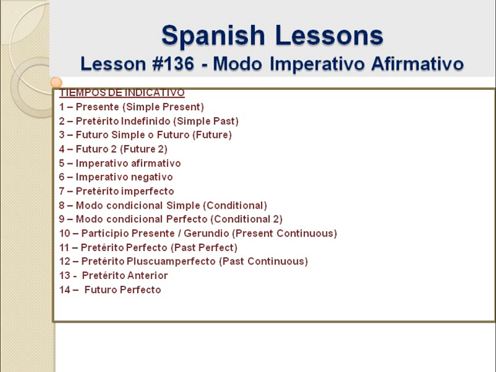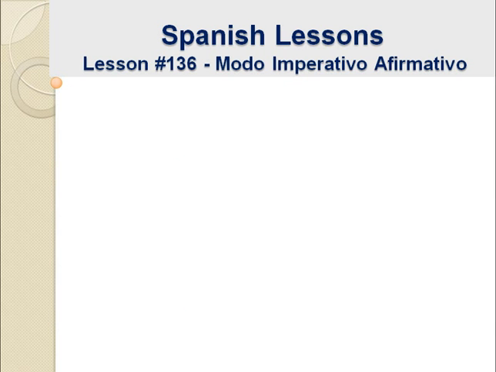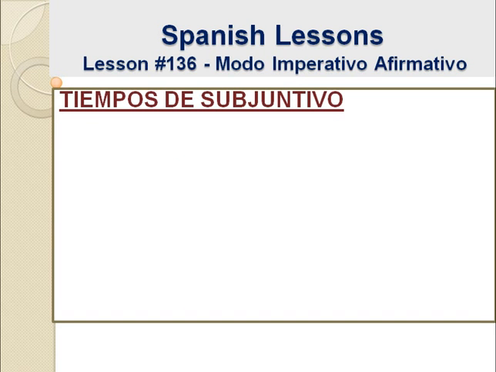And this page is actually what we call the modo indicativo, right? It is the most fundamental group of conjugation tenses, okay, in Spanish. And this one is a bit more rare, but it's also important that you learn it.